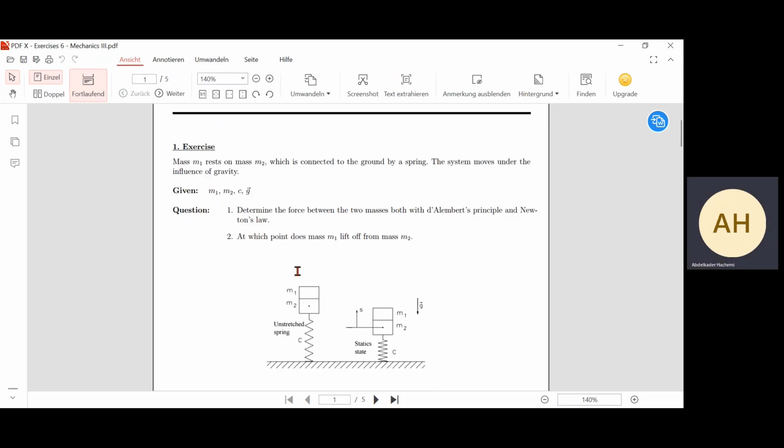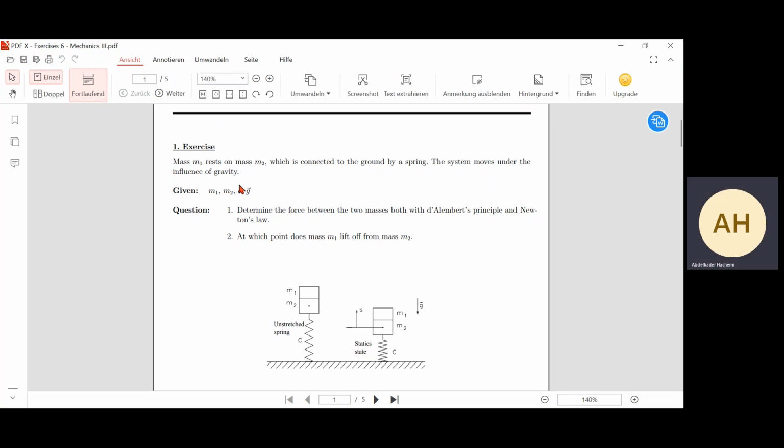For the first exercise, we have the mass M1 resting on the mass M2, which is connected to the ground by a spring with the stiffness C.